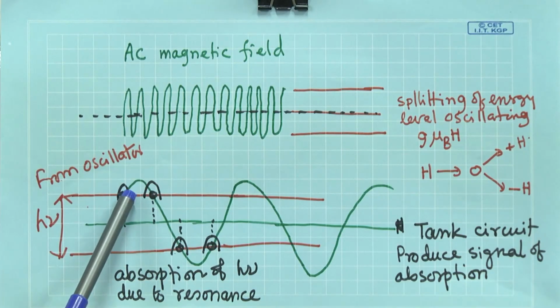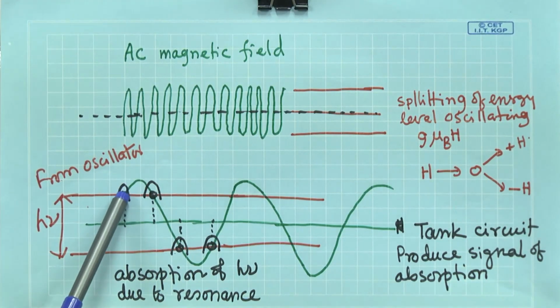So ultimately we are getting 2 peaks. So one peak we will see here, and the other peak we will see at some distance on the x axis away from this first peak.